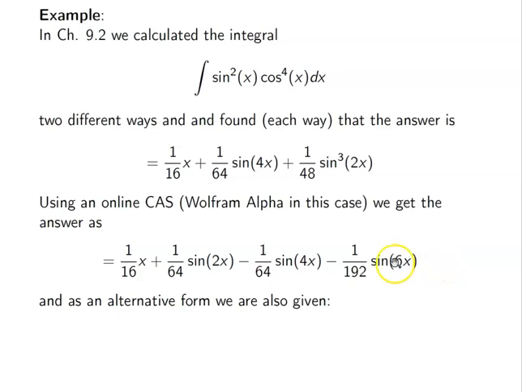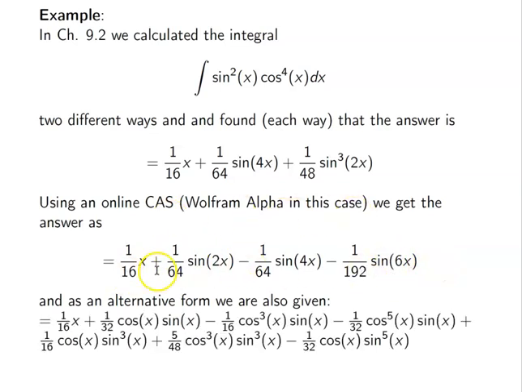An alternative form is also given by Wolfram Alpha to this, right? And this is that alternative answer. So here we have the 2x, 4x, and 6x. And in this alternative answer, notice that there is none of that. Everything is cosine and sine of x, to some power, right? But there is no 2x's, 6x's, 4x's anywhere in here.